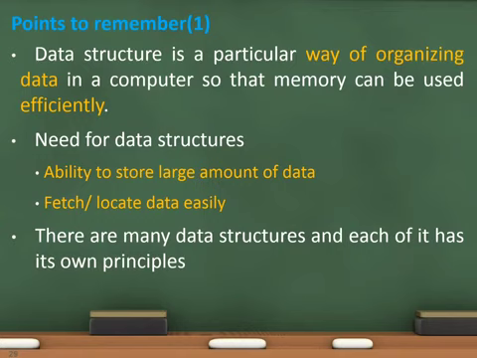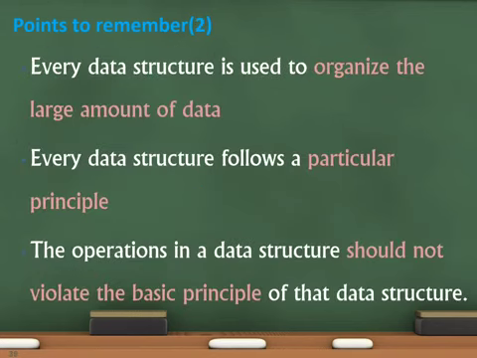And we saw different types of data structures and their own principles. Every data structure is used to organize the large amount of data in the computer memory. And every data structure follows a particular principle. An insertion or a deletion performed on the stack should not violate the basic principle of the data structure.